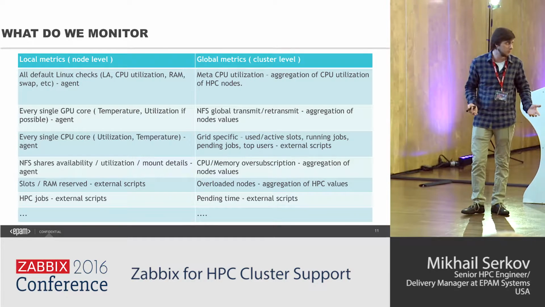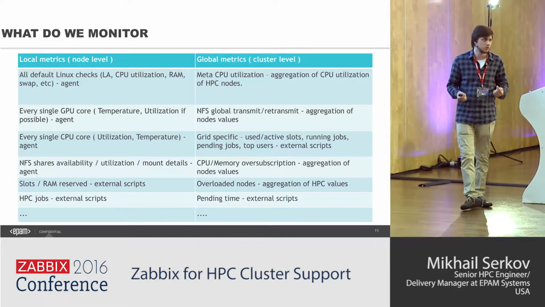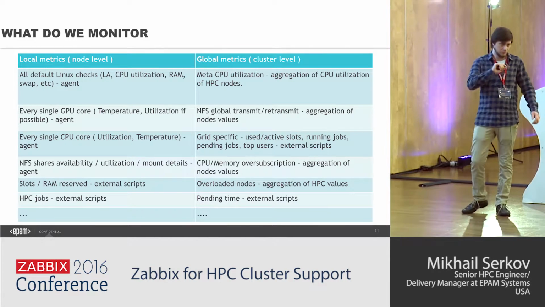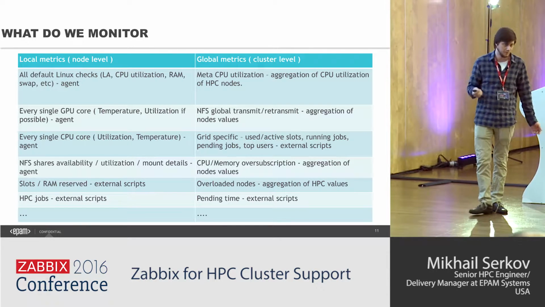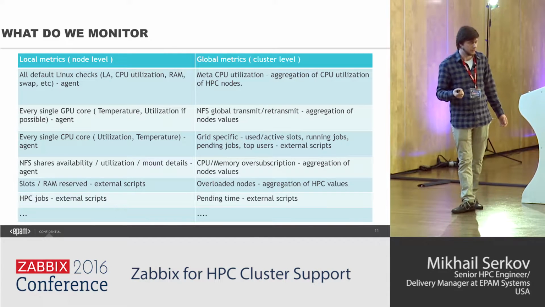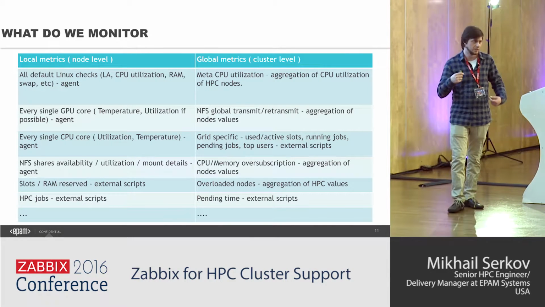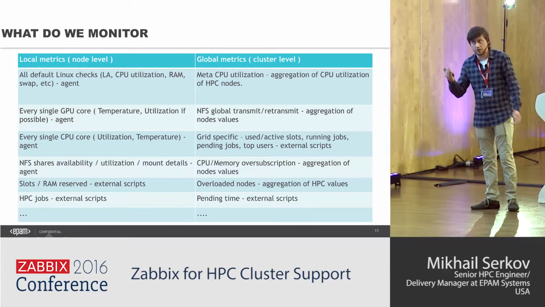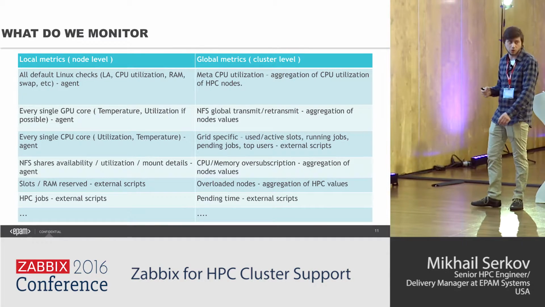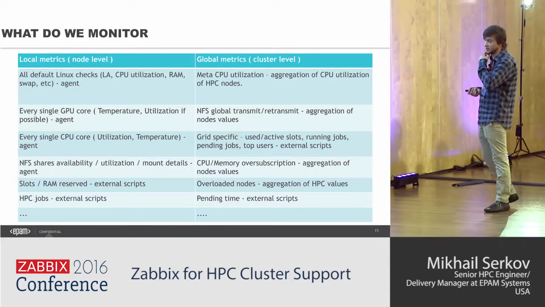When the user submits a job, he says, okay, I want 10 cores. It means that on a 20-core node, for example, we should have a load average of 0.5. If we have more or less, it means that something is wrong. So we can understand if a node is oversubscribed or undersubscribed.